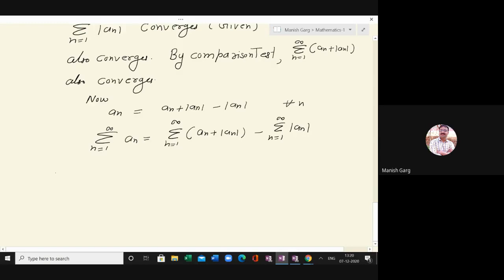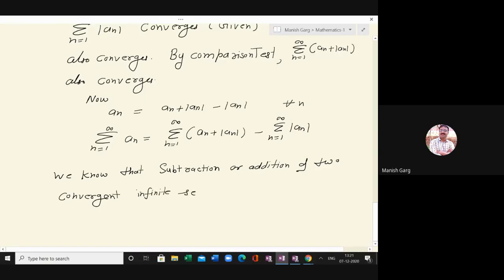So here we know that subtraction, or addition, you can note down also, of two convergent infinite series also converges.